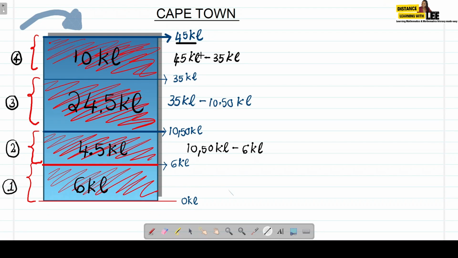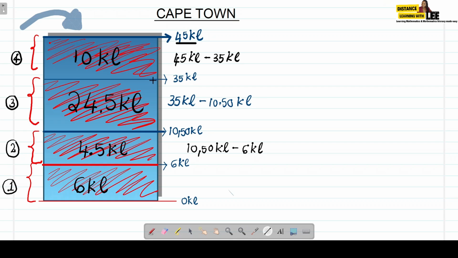To explain what is going on: if you have no water in the tank and you start pouring water up until your 6 kiloliters, how much water did you pour? 6 kiloliters of water. Then you continue pouring from the 6 to your 10.5 kiloliters. How much water did you pour in that region? 4.5 kiloliters. Then from the 10.5 to 35 kiloliters, how much did you pour? 24.5 kiloliters.